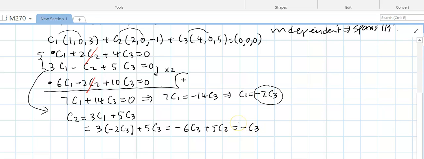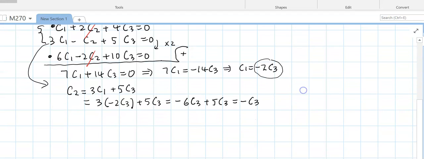Okay, so we have this situation: C1 is negative 2C3, C2 equals negative C3.